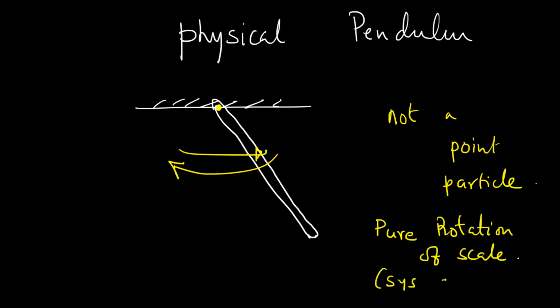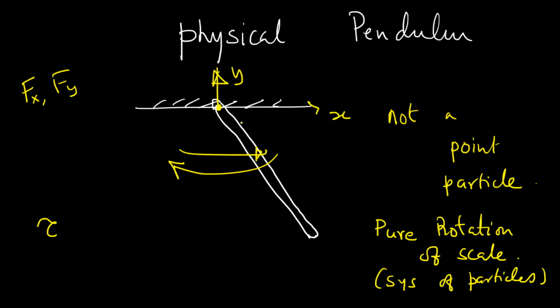System of particles. And for pure rotation we have a beautiful equation. Forces are in the xy plane, it's worth repeating this all the time. We only have forces in the xy plane, and the motion is in the xy plane, and remember that the axis of rotation is the z axis right here, meaning right at the pivot point, and the axis of rotation never moves.